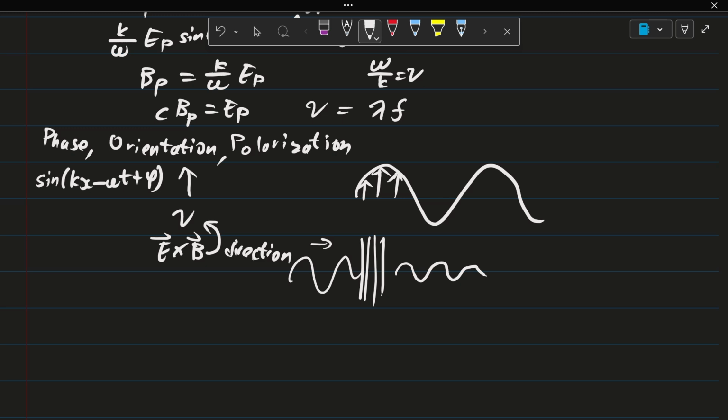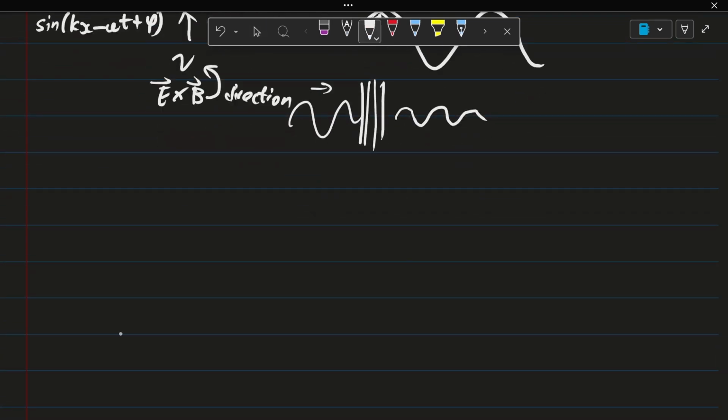So let's do an example of this type of question and see what kind of property it has. Let's say our electromagnetic wave is going in this direction, and then we put a polarizer in this direction. So it wants the wave to be traveling in this direction, specifically the electric field.